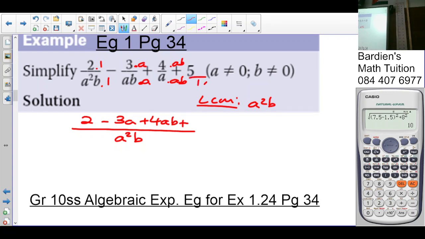That was over 1, so I multiply this by a squared b. That's going to give you plus 5a squared. Can I add those terms in the numerator? Why not? They are unlike terms. Any confusion?